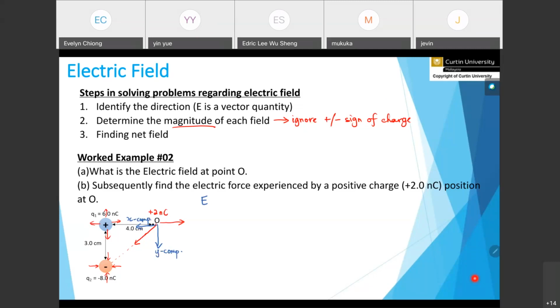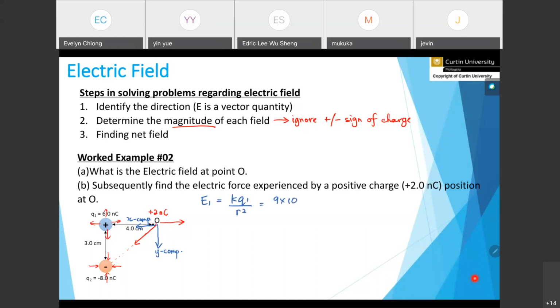So E at position O due to Q1. If you want to write it as EO1, also can. Otherwise, you can just write E1. This is the electric field on this positive charge, 2 nanocoulomb, due to Q1. So kQ1 over r squared.